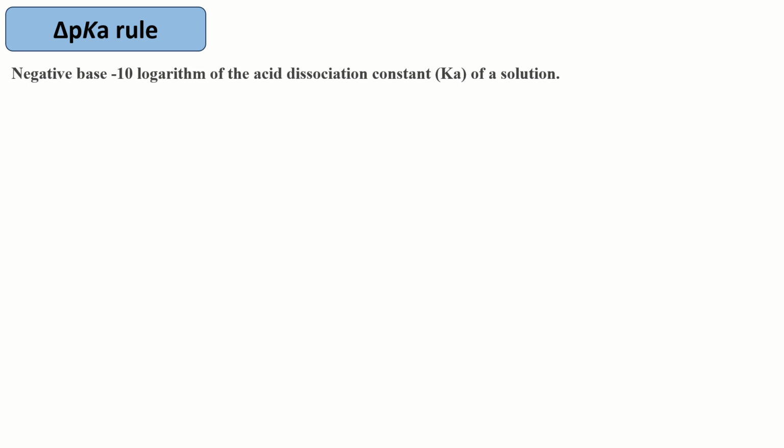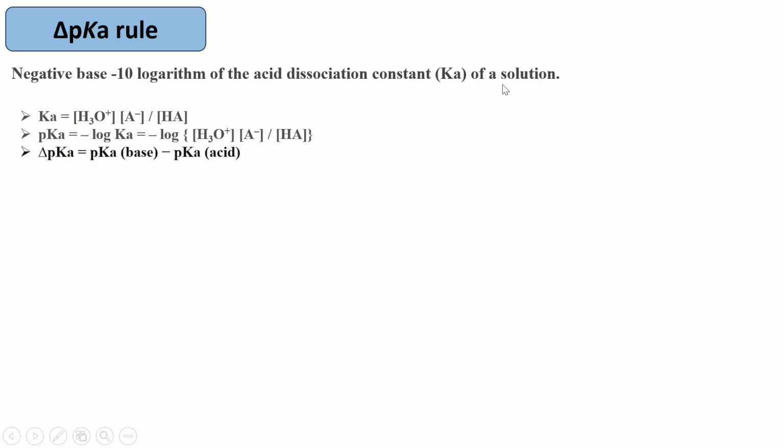So we will start with the delta pK rule. What is the pK? pK is the negative base-10 logarithm of the acid dissociation constant, Ka. Ka is the ratio between the hydronium ion and deprotonated acid over salt.